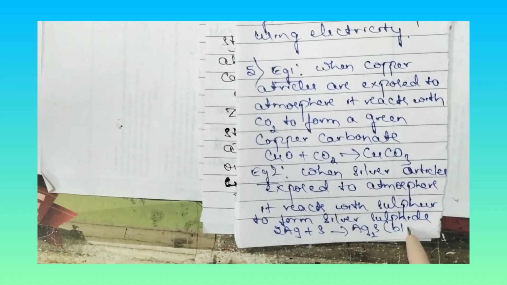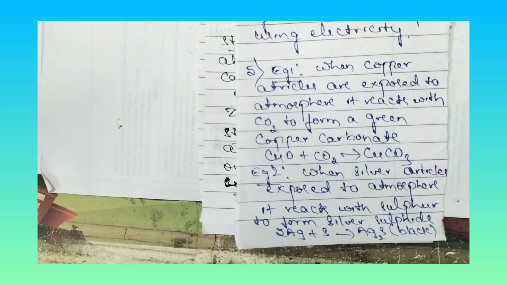This Ag2S silver sulfide will become black, that is black in color. So the silver becomes black due to corrosion.